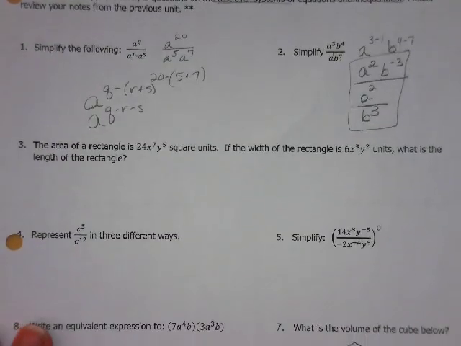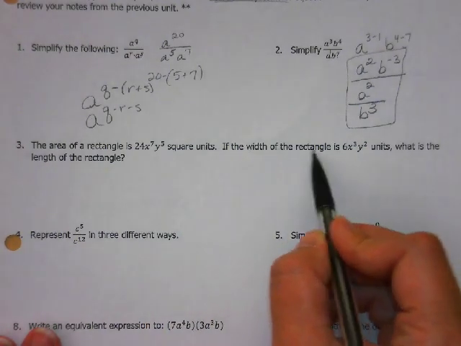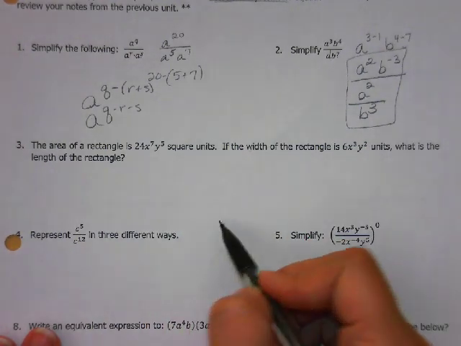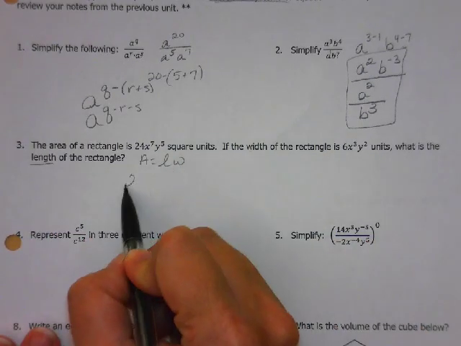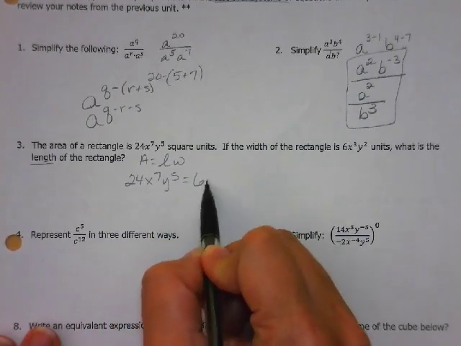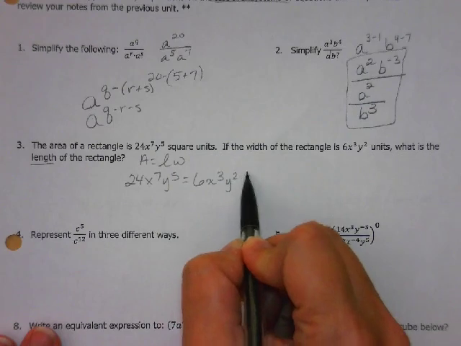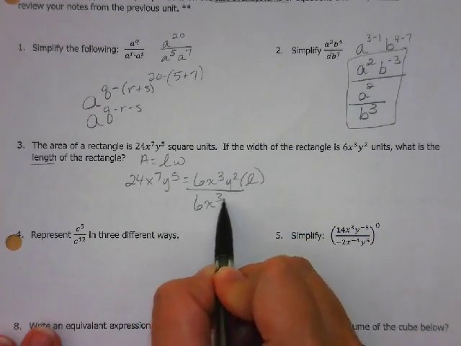The area of a rectangle is 24x to the 7th, y to the 5th square units, the width is 6x to the 3rd, y squared. What is the length? So we know that area is length times width. So if I plugged in what we had, 6x, and then we're going to do this times length. We know that we need to divide this.